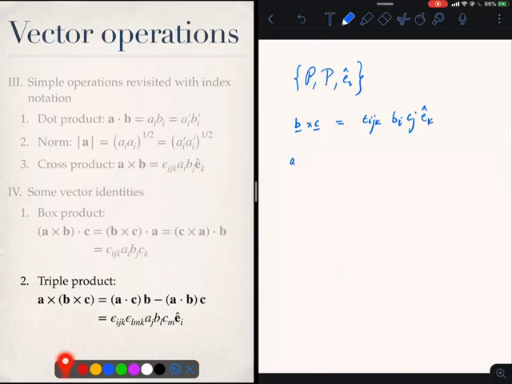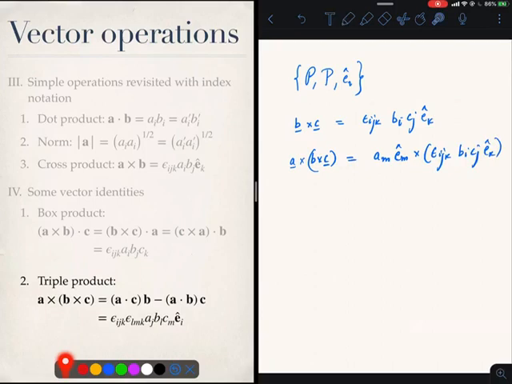Then I have to express what a cross b cross c would be.